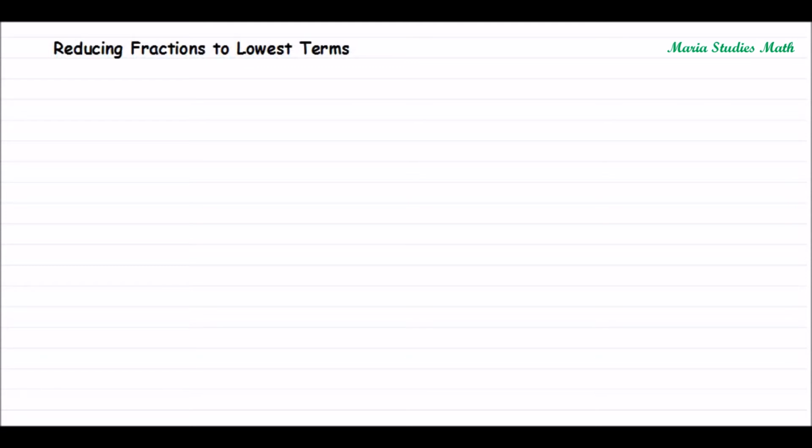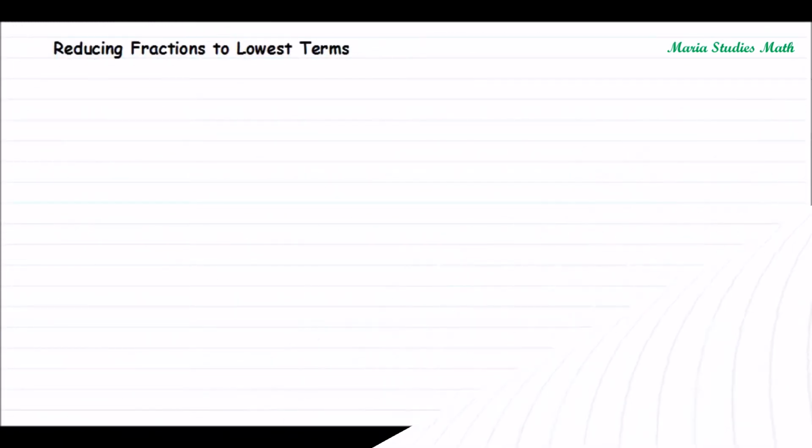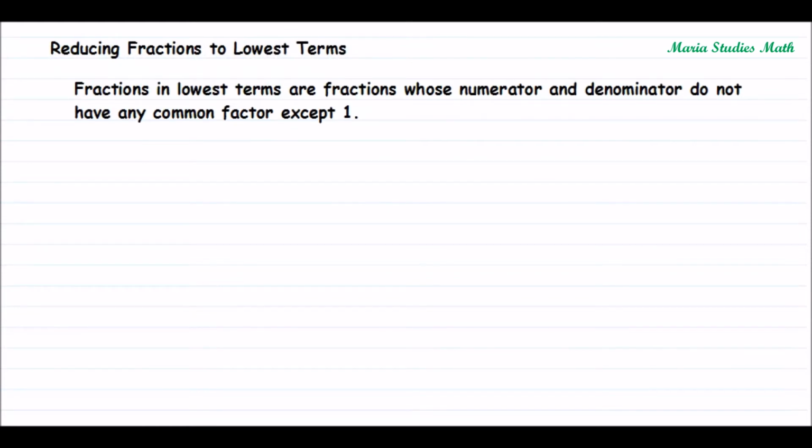So again, for today we'll be studying reducing fractions to lowest terms. So, what do we mean by fractions in lowest terms? When we say fractions in lowest terms, these are fractions whose numerator and denominator do not have any common factor except 1.